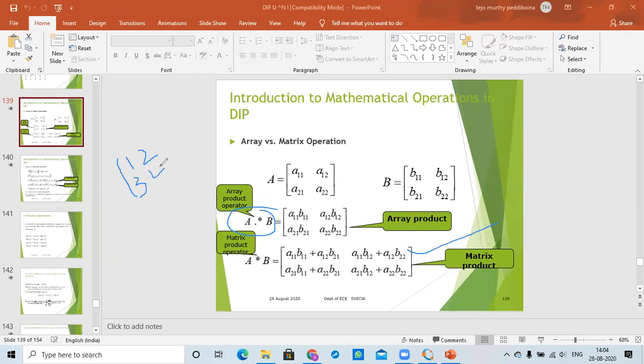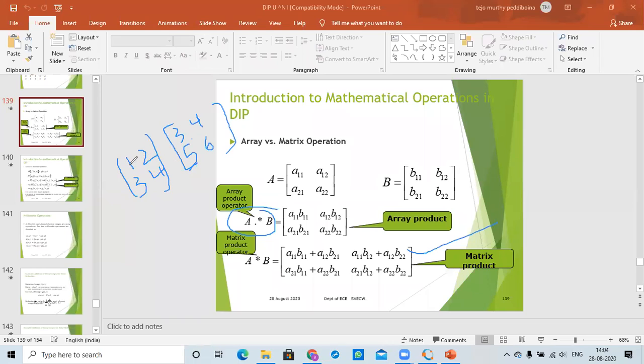Just 1 minute, at a glance. Yesterday's recorded audio was not good, so today I am going to take this class once again. Let the matrices be 1 2, 3 4, and for suppose 3 4, 5 6.